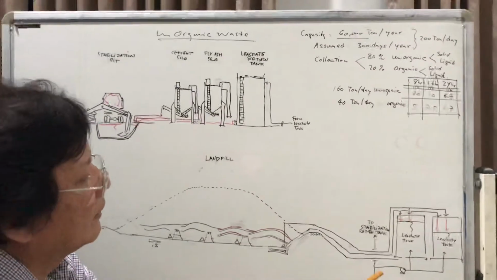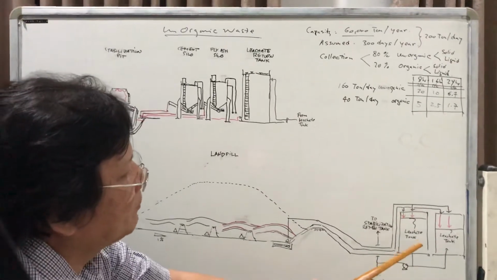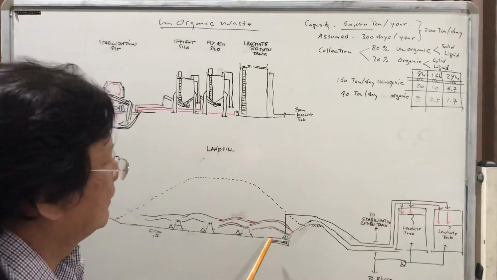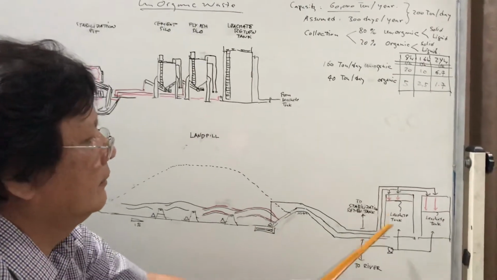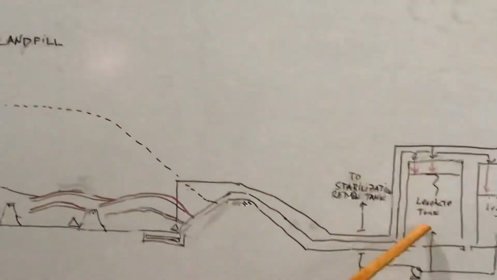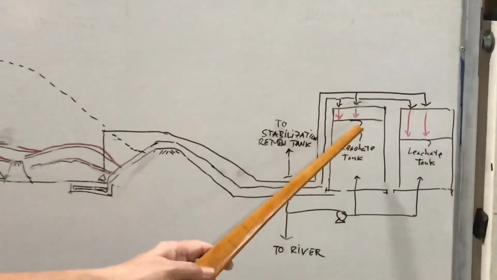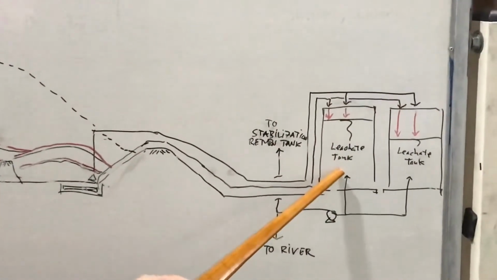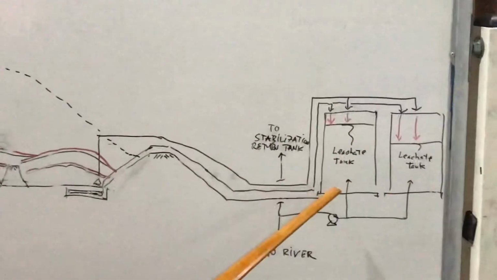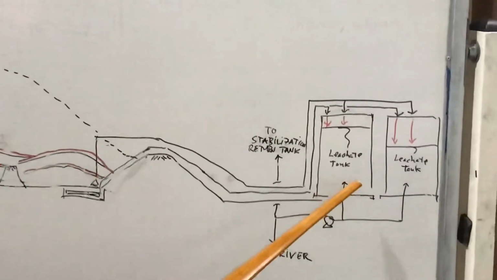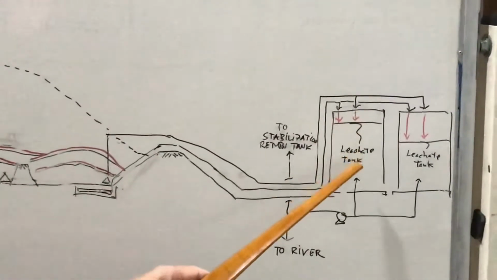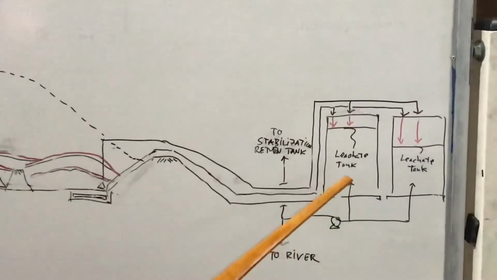And now you can see what is the purpose of the leach tank. Actually, the leach tank is where you collect all the water from the landfill and check the quality first. If the quality is bad, you need to have a treatment here. There are many facilities here like an air blower, and maybe we put some chemicals to adjust the pH.